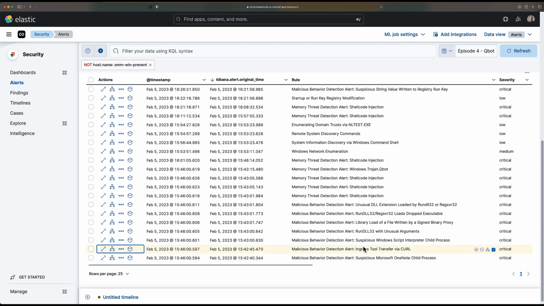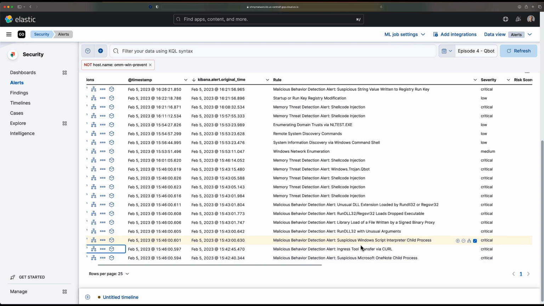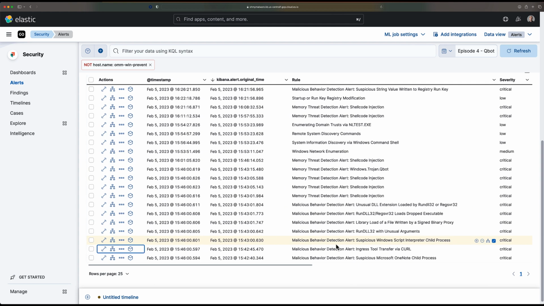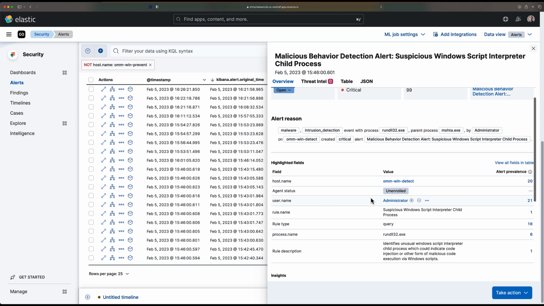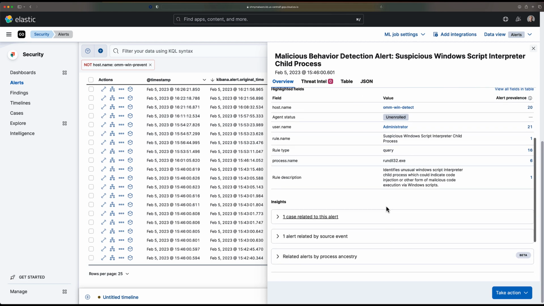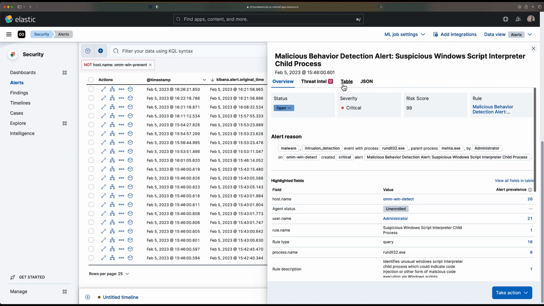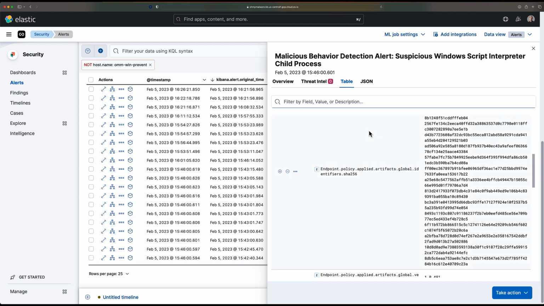And then we have another alert here for suspicious Windows script interpreter child process. I'm assuming that HTA file is going to call things like WScript and others. And we can see here it invoked rundll32. We actually saw that from the event analyzer.